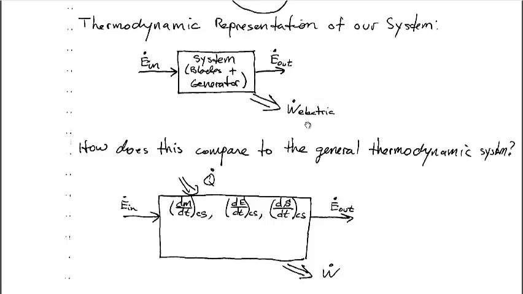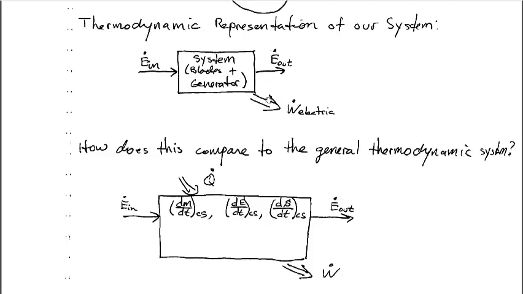We could also imagine a situation where we define our control system as being just the blades, not including the generator. In that case, we would have energy flow in with the kinetic energy of the wind flowing in and kinetic energy of the wind flowing out because wind is passing the blades.